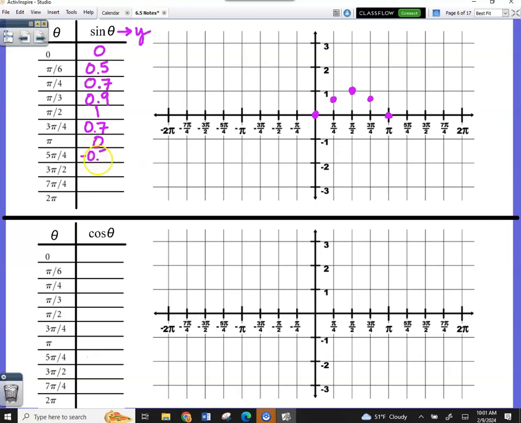You should see a pattern. 5 pi over 4, negative 0.7, so we'll put that right there. 3 pi over 2 is a quadrantal, which means it's either 0, 1, or negative 1. And it's negative 1.